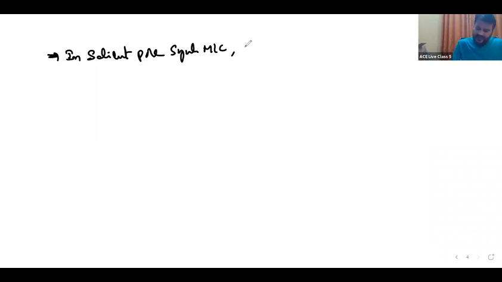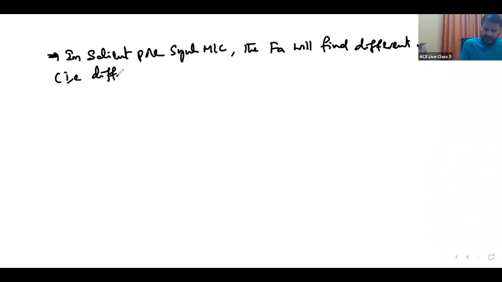In a salient pole synchronous machine, the FA will find different reluctances and different air gaps for various power factors.